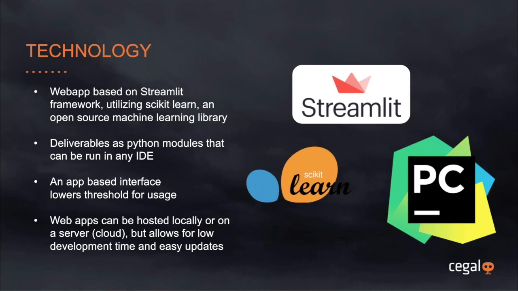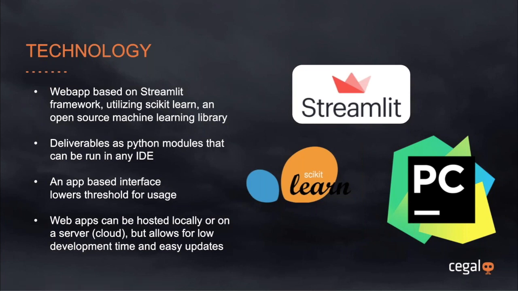So we decided to build a web app based on a web app framework called Streamlit. And Streamlit is just a wrapper around, basically a Flask setup for those who are familiar with building web apps in Python. But it's nicely wrapped up, so it's pretty much an out of the box, easy to build web app API.